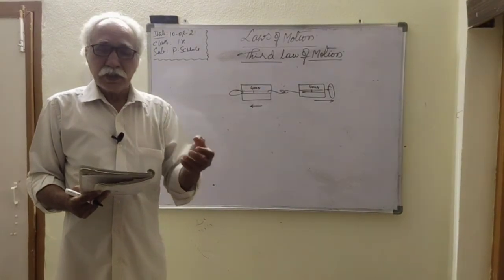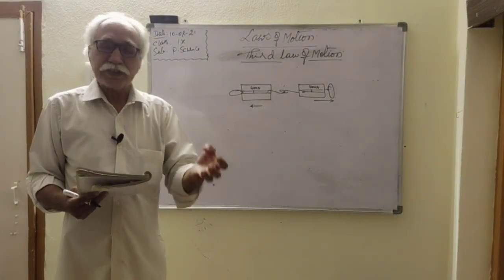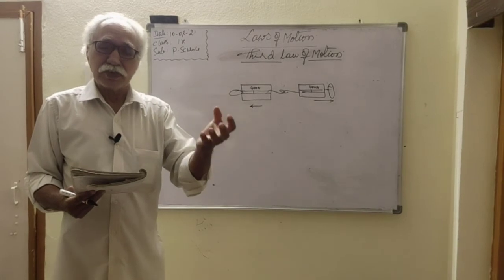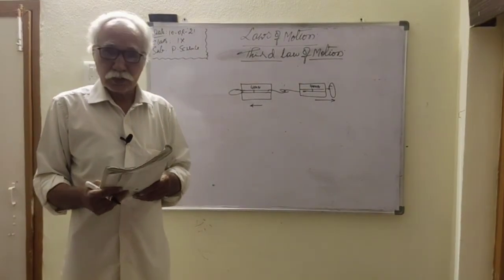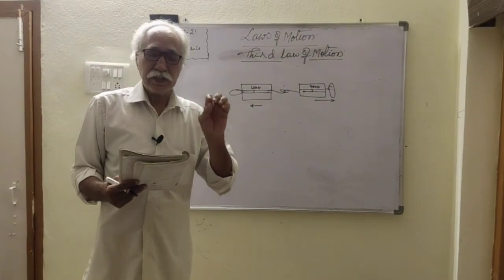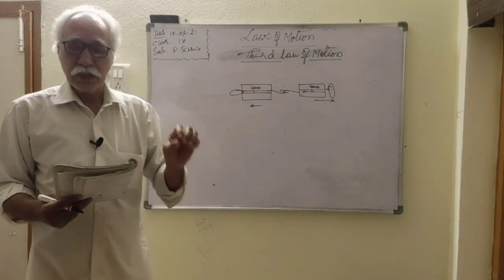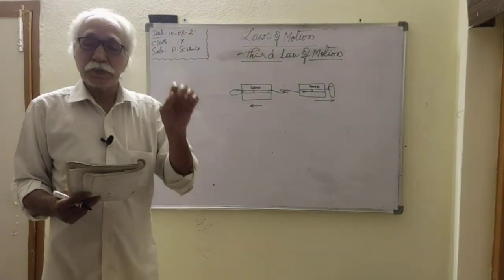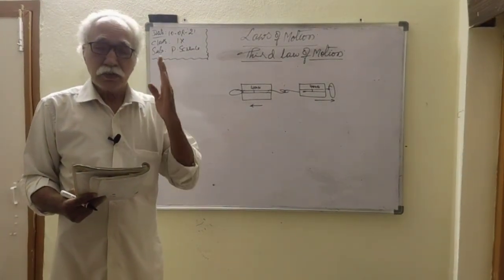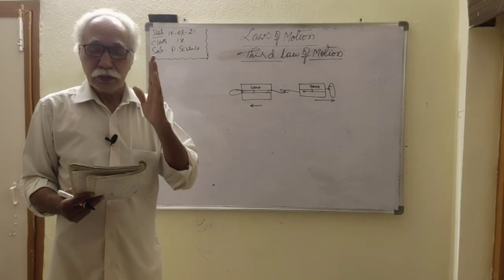In reverse, the ground surface also exerts the same amount of force on the feet, which is called reaction force. So here the leg applying force is the action force, and the ground applying force is the reaction force. Because of this action and reaction force, we are able to walk on a road.